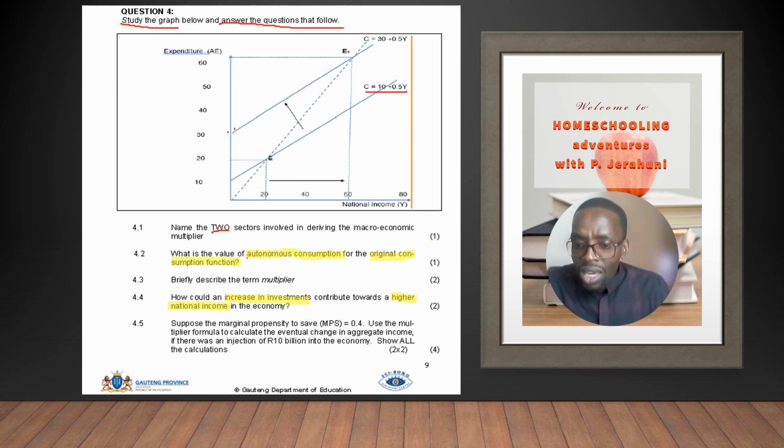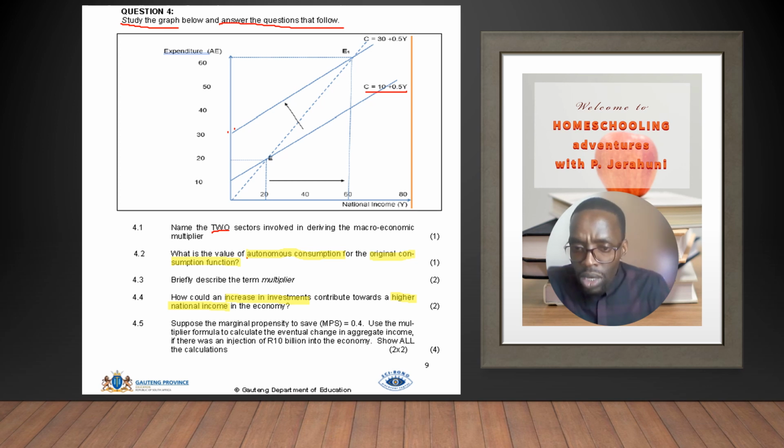Is that correct? And then you would also recall that if there is an increase in production, it means the businesses would need to hire more factors of production to be able to increase the level of production that they want to achieve. So what is the effect? The question here is asking about the effect of the increase in investments, how it will contribute to a higher national income.